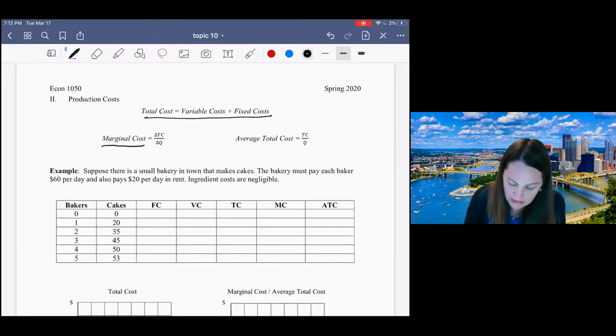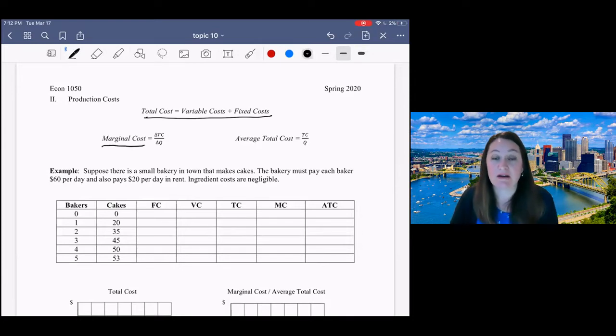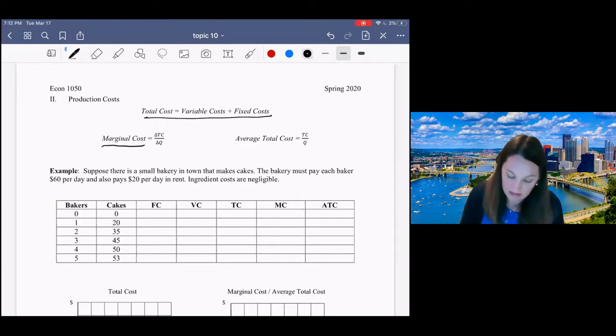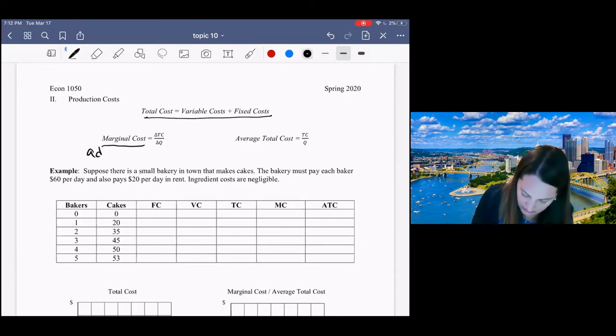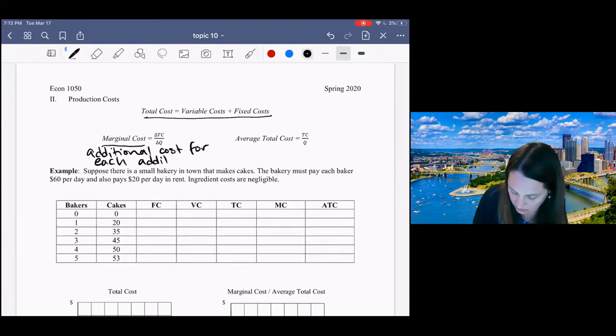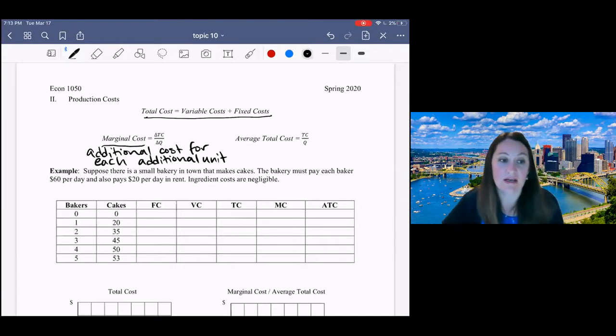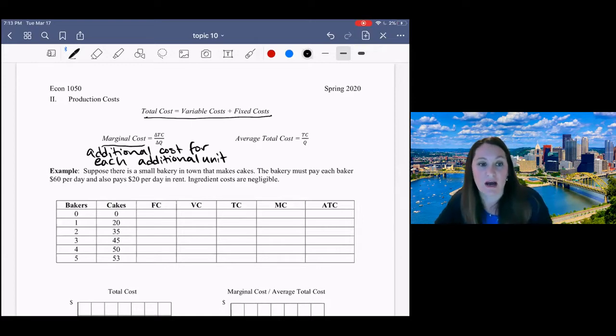Marginal cost is going to be kind of the most important cost in terms of deciding how much a firm is going to produce. So marginal cost is the additional cost for each additional unit produced.